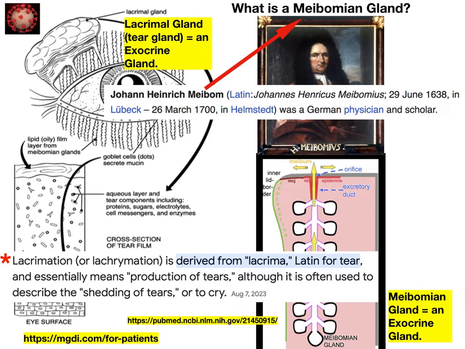And that is similar to other exocrine gland actions, such as salivation, the action of the salivary gland, also known as the parotid gland, which secretes an exocrine fluid, the saliva. Similar terms are used to describe the function of the mammary gland, lactation.